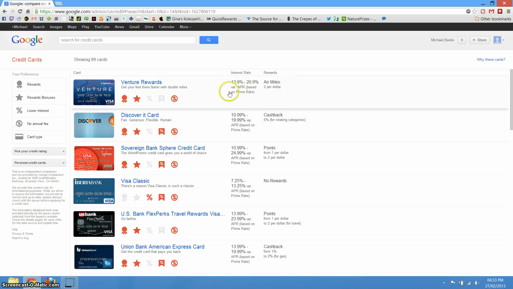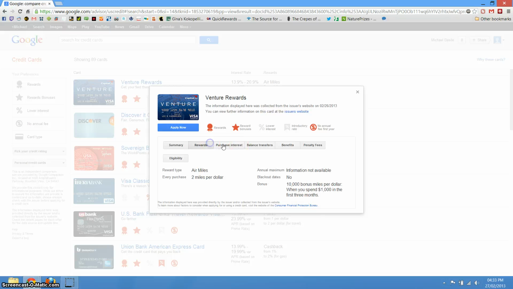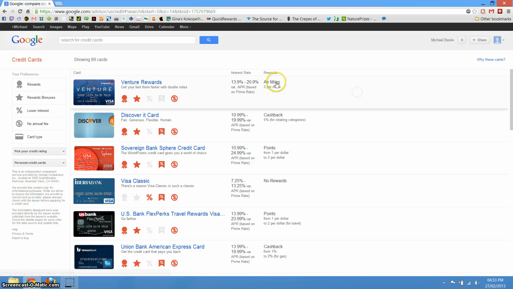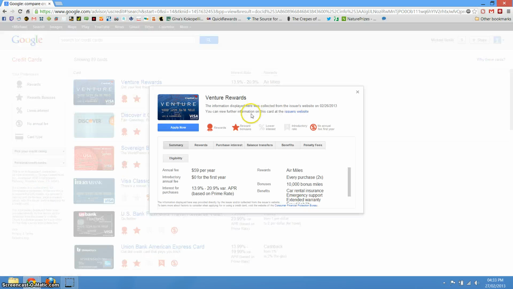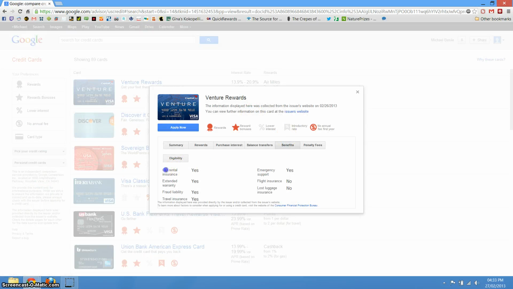And then I guess second point would be there's only two categories I can look at in the front page, and I'd rather have more of this information here so I can sort by, like maybe I want to sort by if they have car rental insurance, or they have fraud and liability, the traveler's insurance.